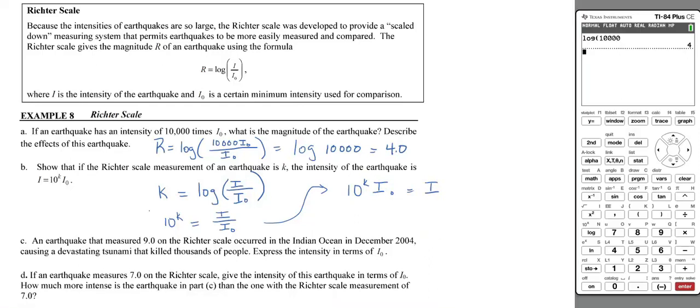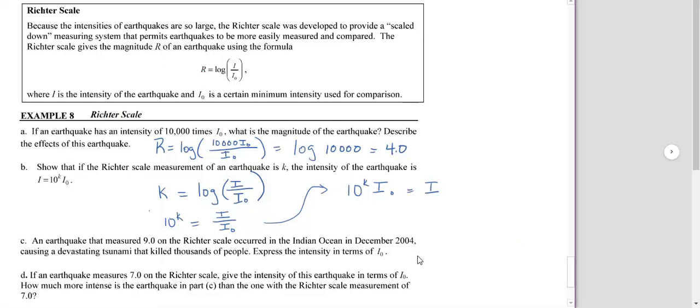An earthquake that measured 9.0 on the Richter scale occurred in the Indian Ocean in December 2004, causing a devastating tsunami that killed thousands of people. Express the intensity in terms of I sub O. So here we simply take our 10 to the K being 9 times I sub O. That will be our intensity.